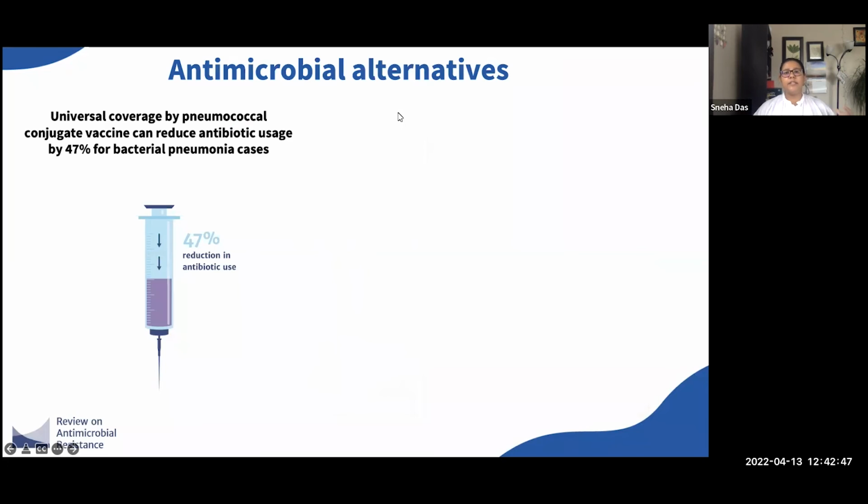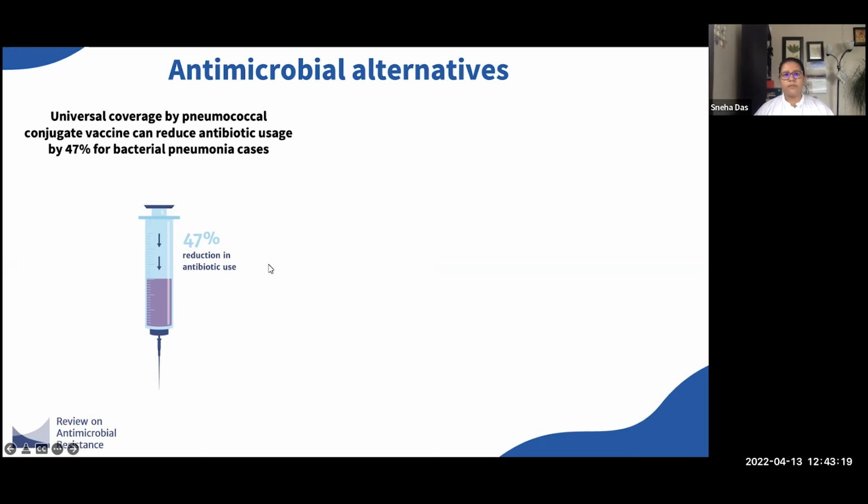Another strategy can be developing alternatives to antibiotics. And as many of you know, we have this pneumococcal vaccine for pneumonia, which is prescribed mostly to elderly and immunocompromised patients during the flu season. However, studies predict that if we were to vaccinate our whole population with this vaccine, then the use of antibiotics for pneumonia cases would go down by 47%.